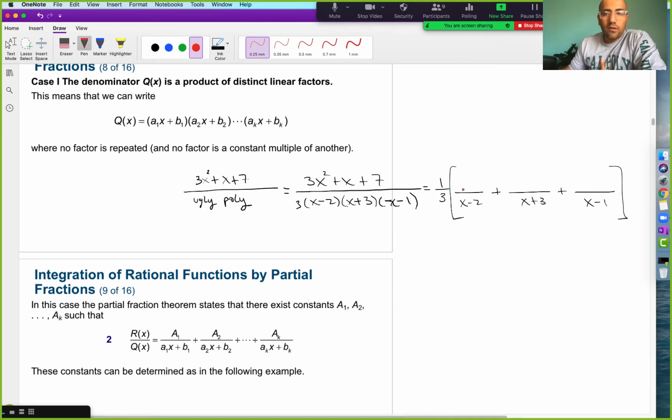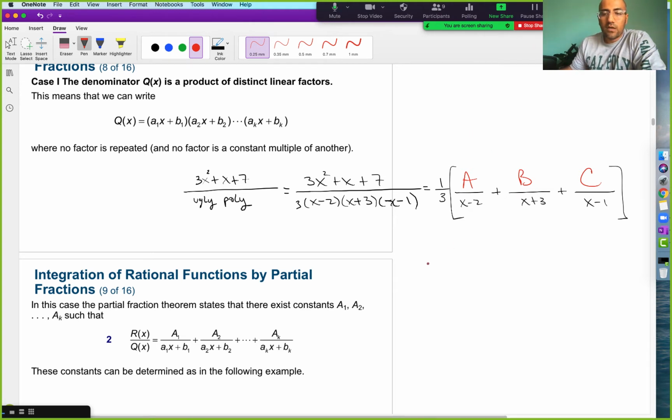And now there's going to be constants up here. Capital A, capital B, capital C. Constants that we need to figure out, right? So that will be our mission. And that's really the hard part, finding these constants. Well, actually, they used a sub 1, a sub 2, a sub whatever, dot, dot, dot, all the way out to a sub k. But I could just use capital A, capital B, capital C, right?